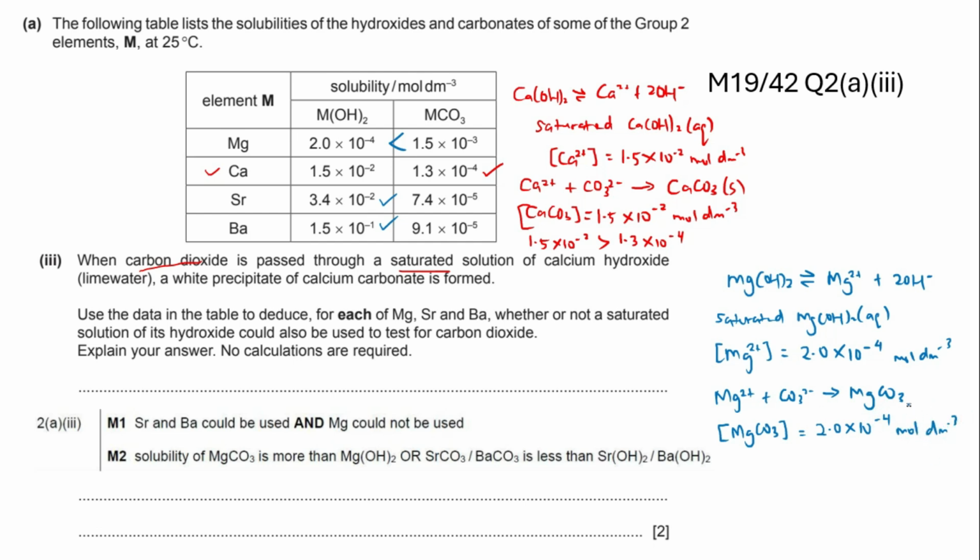Let's compare this with the solubility of magnesium carbonate, which is 1.5 times 10 to the power of negative 3. 2.0 times 10 to the power of negative 4, the maximum concentration that will form, is lower than its solubility. So all this magnesium carbonate is soluble in water. Therefore, no precipitate of magnesium carbonate will form.